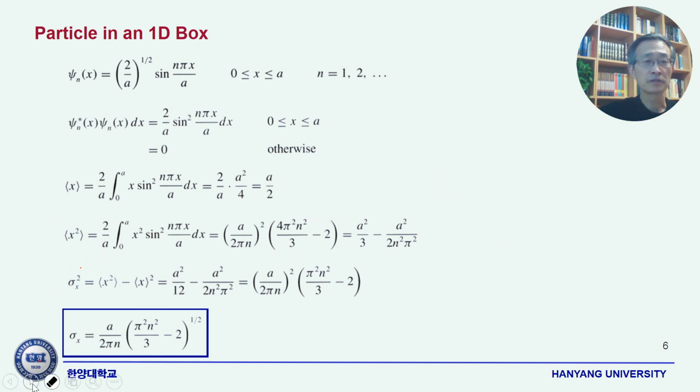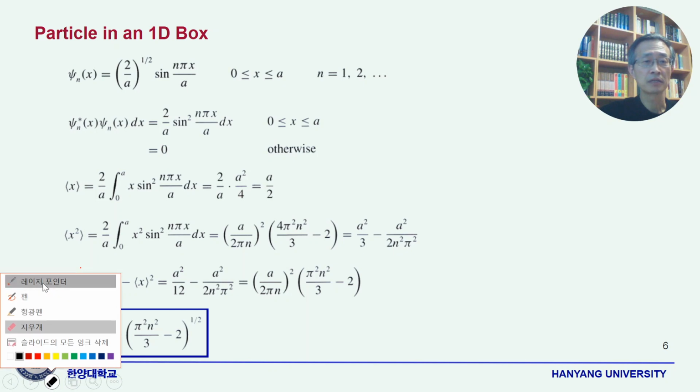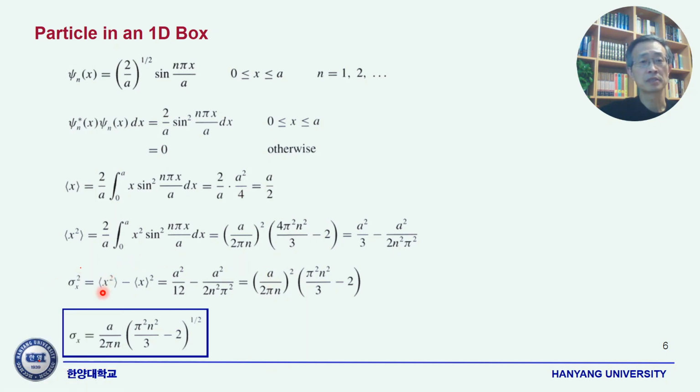Variance is, let me get the laser pointer, x minus x bar, x minus x average, squared. That is the variance. So sigma x squared can be reduced to this form: x squared average minus x average squared. So x squared average is here and x average is here.